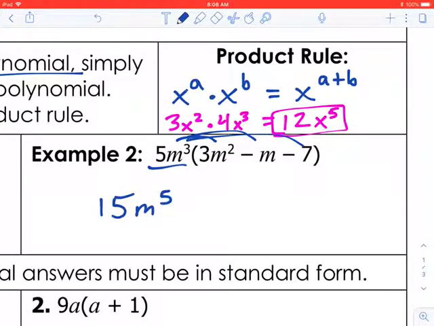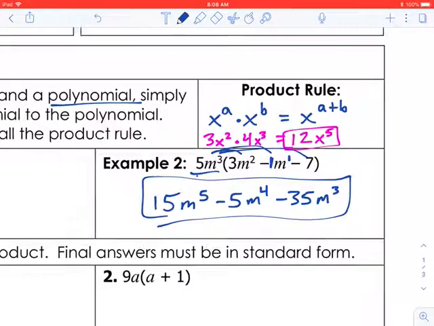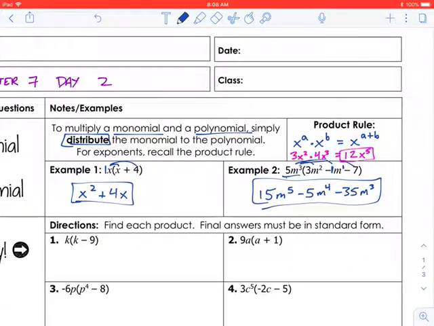And then we do the second one. 5 times negative 1 is negative 5, and then 3 plus 1, since there's an m to the first power, is m to the fourth. And then finally, 5 times negative 7 is negative 35. No m's to add to it, so it just stays as m to the third. Okay? And there we go. Already in standard form most of the time, so we are good to go there.